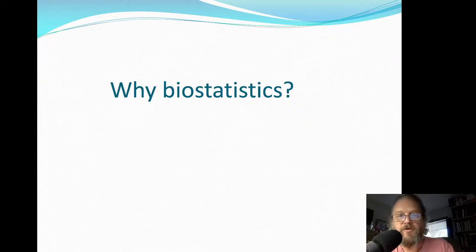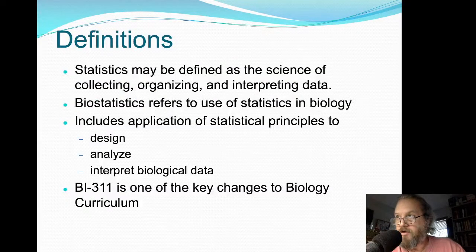Okay, so why biostatistics? As we talked about last week, statistics is the science of collecting, organizing, and interpreting data, and biostats refers to use of statistics in biology. So look, if you're a biologist, and to some extent I include medicine as a discipline of biology, obviously we are biological beings, and so when things go wrong with us, there are biological explanations for what's going on.